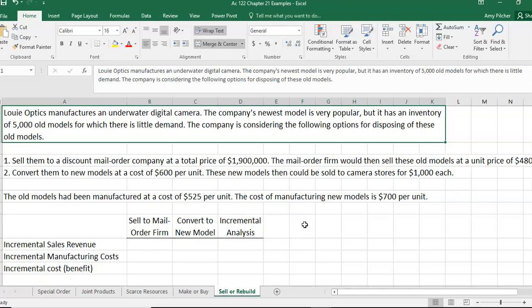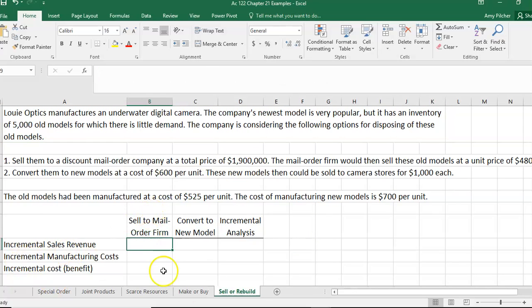Other irrelevant information in this decision are the manufacturing costs. So it doesn't matter that they cost $525 per unit to manufacture. Those are sunk costs that we can't recover anyway. So it is irrelevant to our decision making. So if we're going to do this incremental analysis, we have to sell to a mail order company.